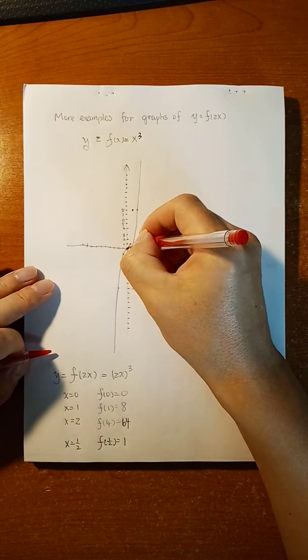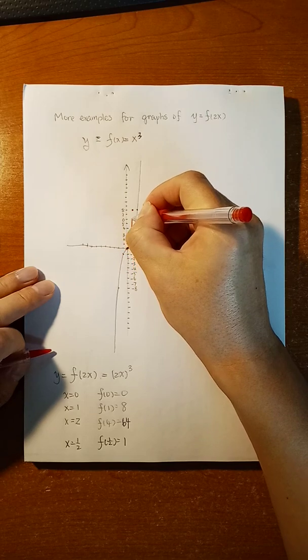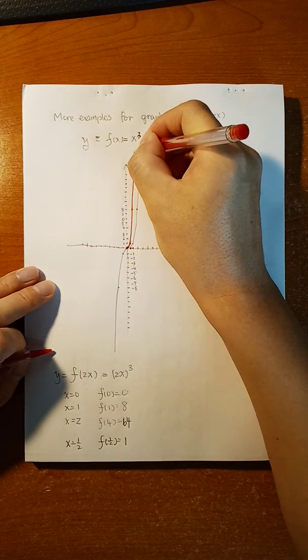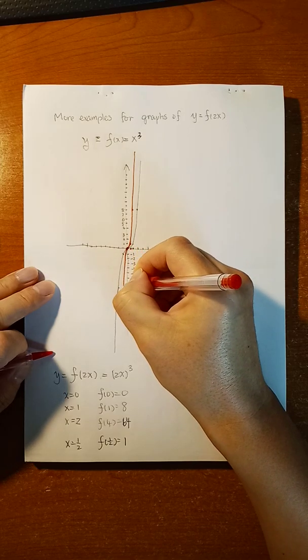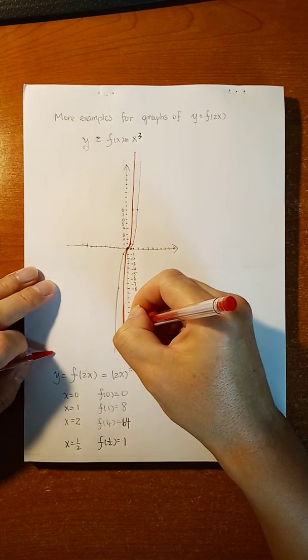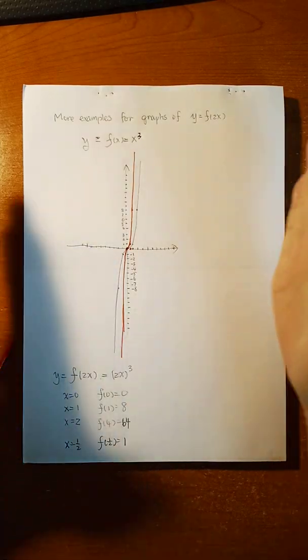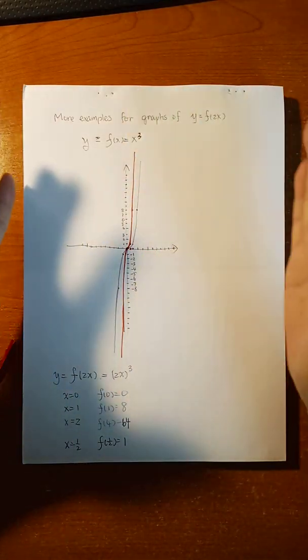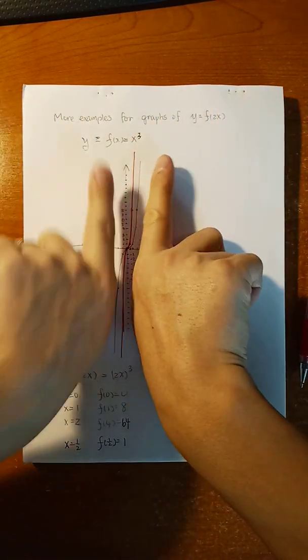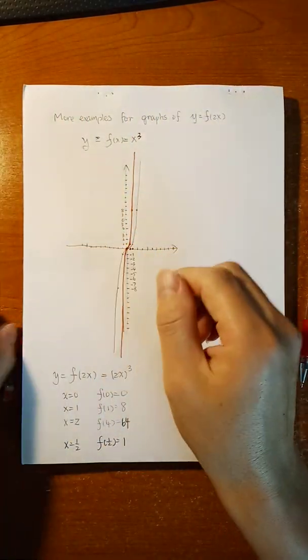So if you sketch f of 2x, it's similar to the original, but it's narrower. So you kind of compress it. It's a horizontal compression. This is the y-axis.